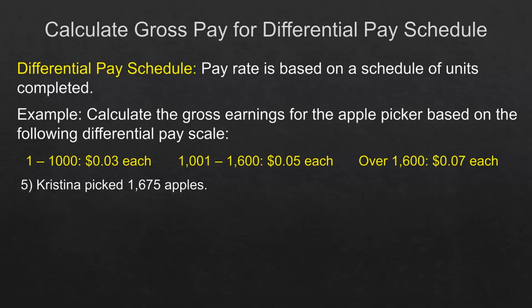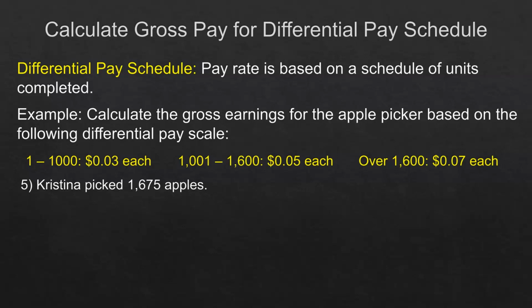So this one is called a differential pay schedule, and that means your pay rate is based on the number of units that you, in this case, you're picking apples, so the number of apples you've picked or the number of things you've completed, and basically the more you do, the higher the pay gets. But in this case, for picking apples, it seems like really low pay because I feel like it would take a little while to pick 1,675 apples, right? That'd take quite a while.